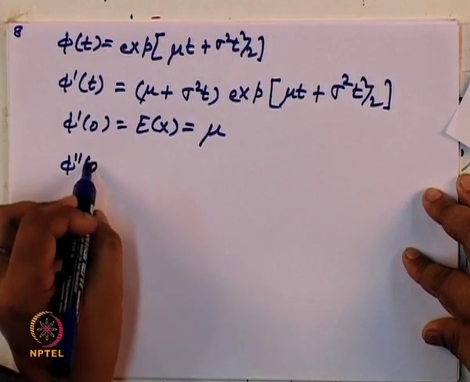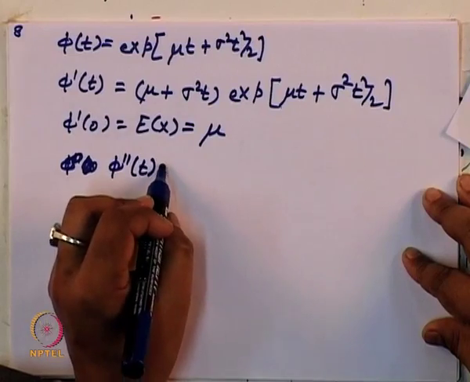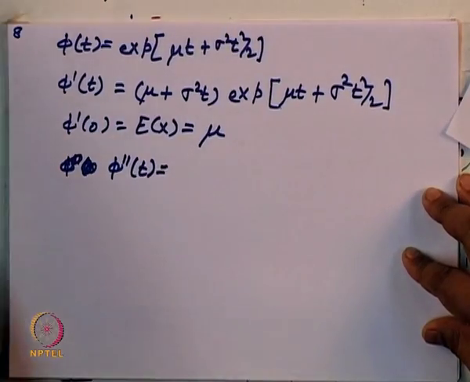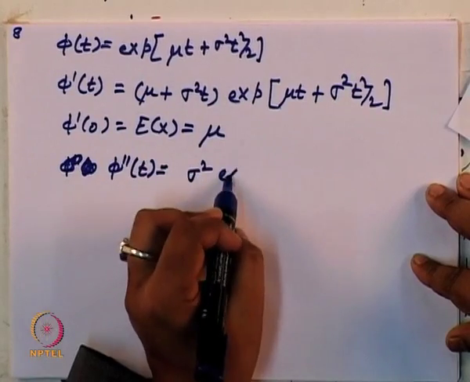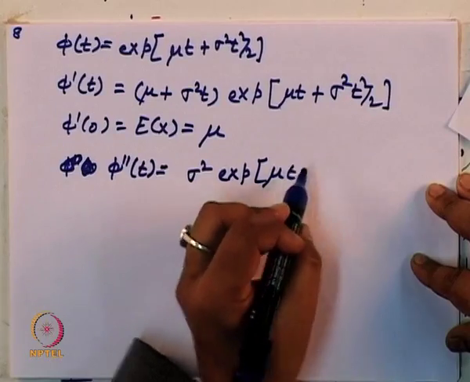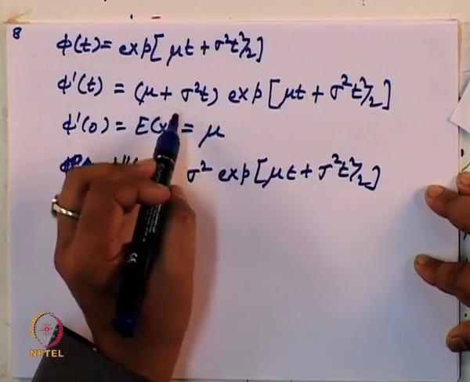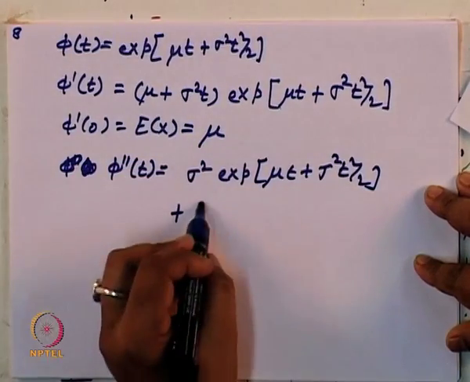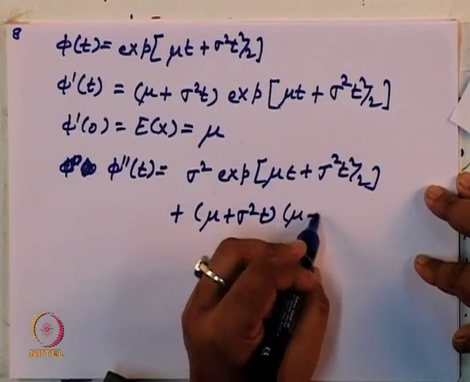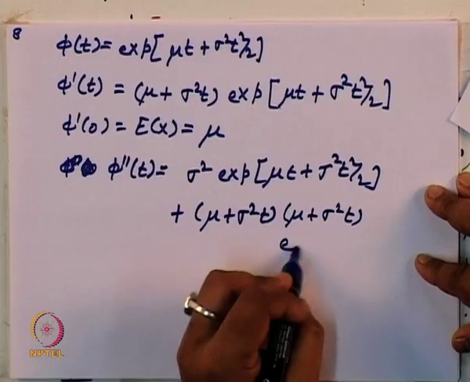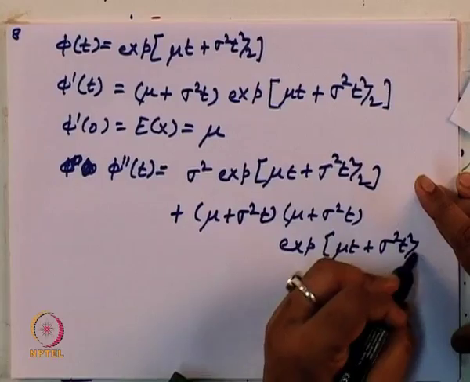Phi double prime of 0. So, first let us find phi double prime of t, which is equal to sigma square exponential of mu t plus sigma square t square by 2. So, basically I have taken a derivative of this term, keeping this as constant, plus mu plus sigma square t into exponential of mu t plus sigma square t square by 2.